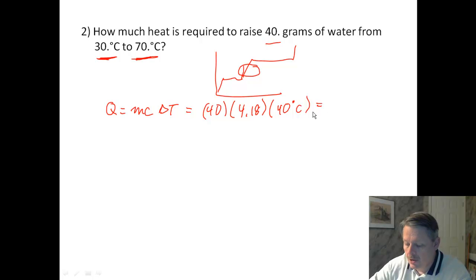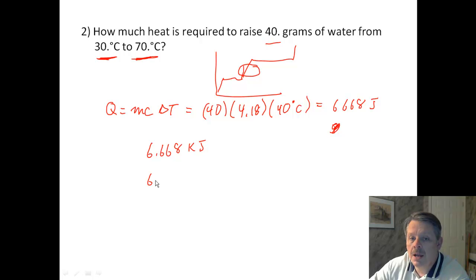Okay, so if I go and multiply this out, I get 6,668 joules, which is the same as 6.668 kilojoules, if I want to write it that way, and I can write it as 6.7 kilojoules because I only have 2 significant digits in my question, so 2 significant digits in my answer would be just fine. Okay.